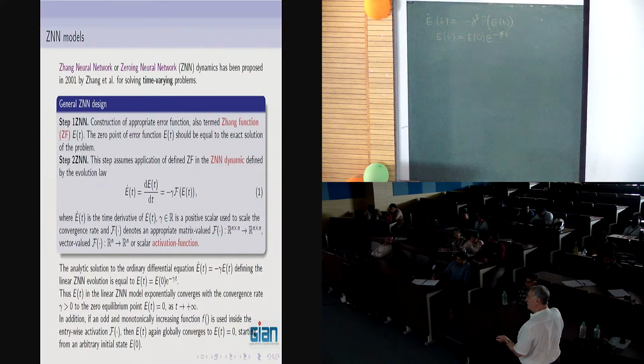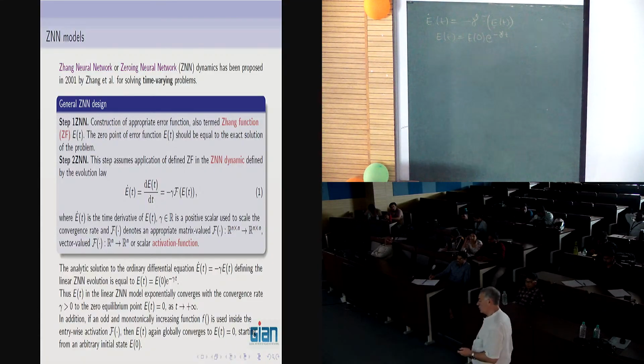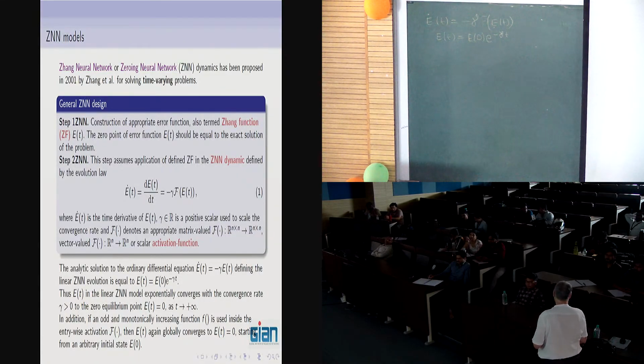There is a comment about nonlinear activation. Again, here we have element-wise application of an appropriate odd and monotonically increasing function. Again, power sigmoid, smooth power sigmoid, and again the Lie activation function.